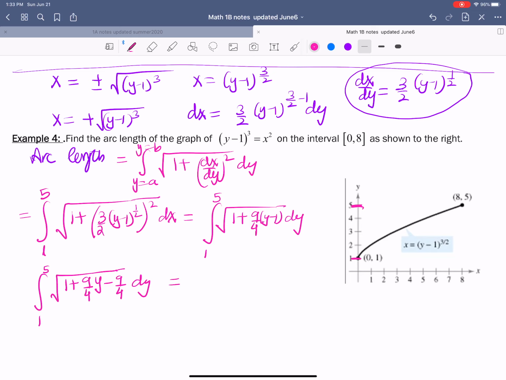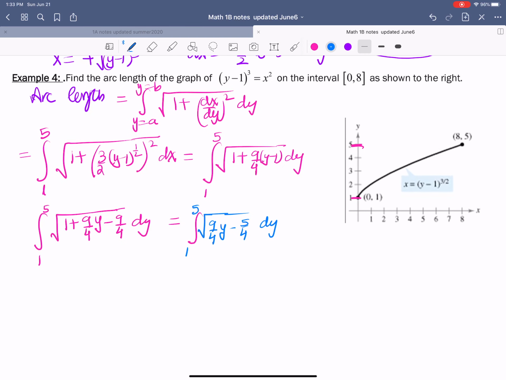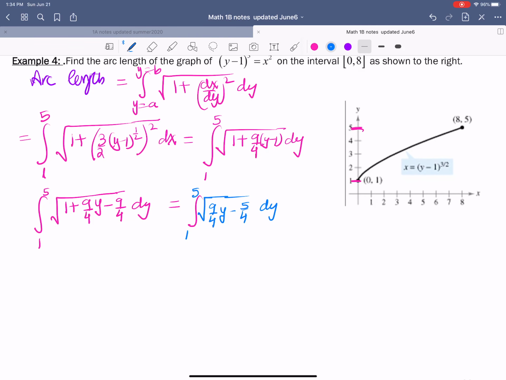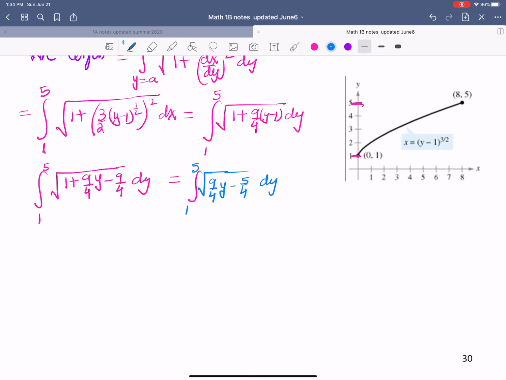Now we can subtract, we can do 1 minus 9/4. So from 1 to 5, 1 minus 9/4 turns out to be negative 5/4: the square root of 9/4 y minus 5/4 dy. Now, because the derivative of the inside is just 9/4, I can use substitution to evaluate this integral.